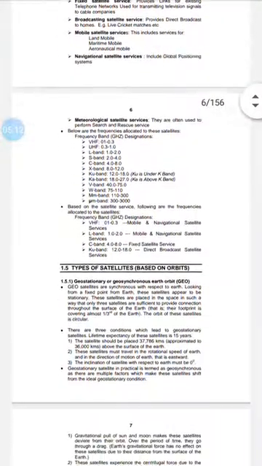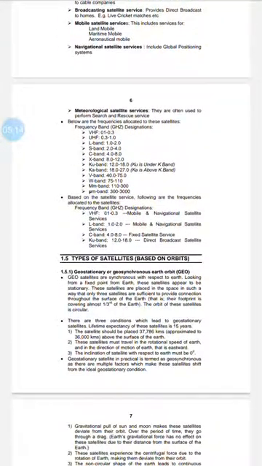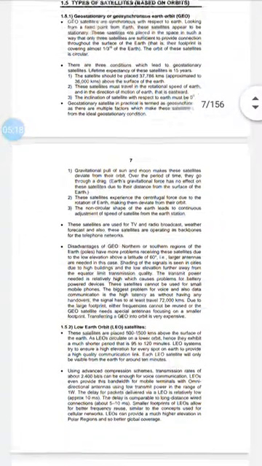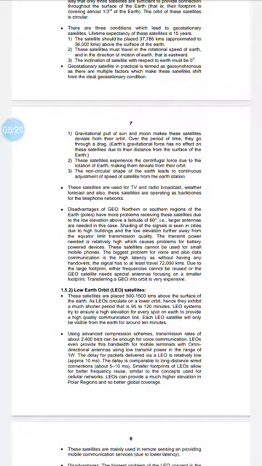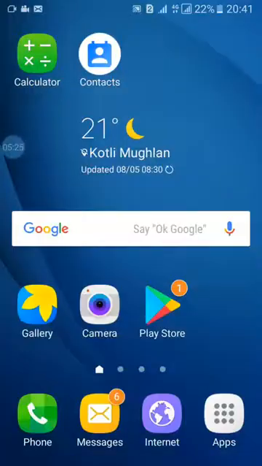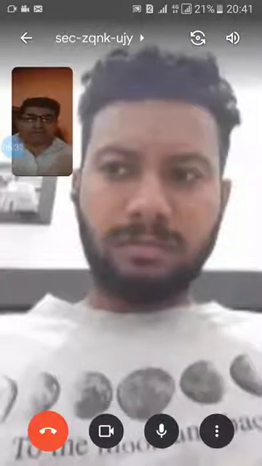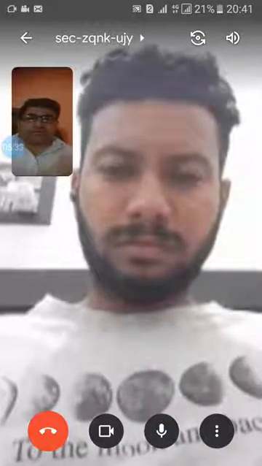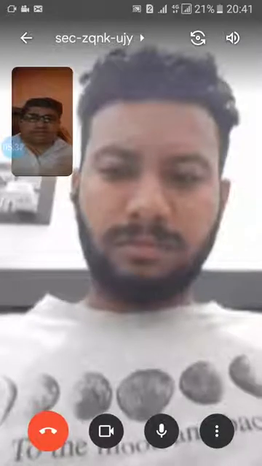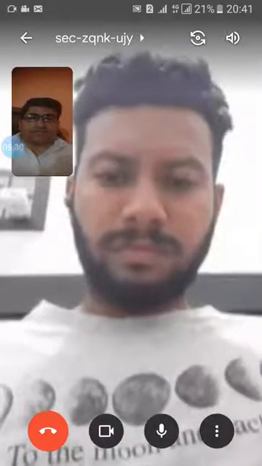As for types of satellite, there are geostationary, low Earth orbit, and medium orbit satellites. All these applications have certain benefits, and you have to understand them.